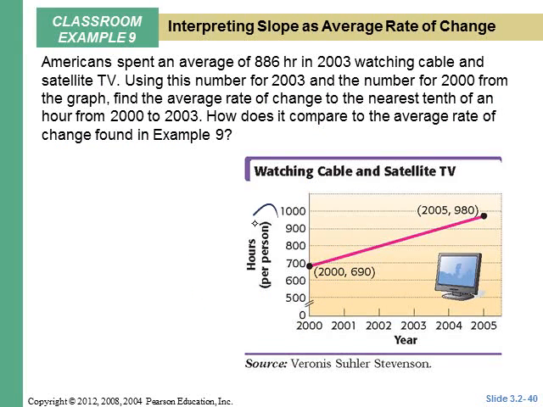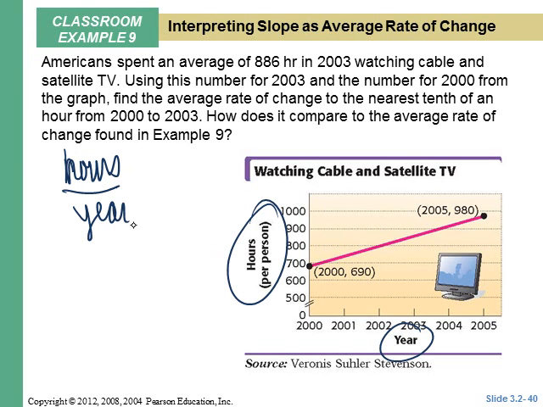This one, you're going to put the hours per year. Hours on the top, year on the bottom. So what's the change in hours divided by the change in years? Well, we're going to take 980 minus 690.